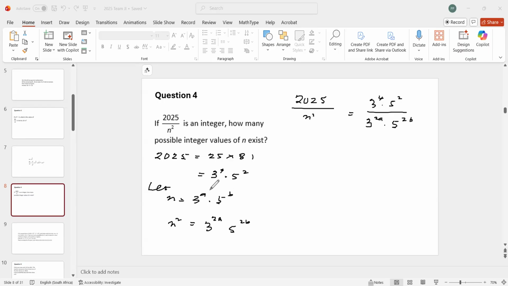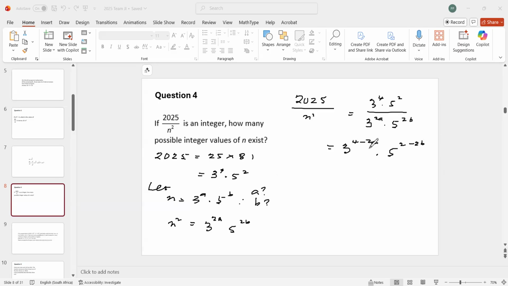So the problem now is, what are the values of a and b? Because we need to find the values of n. We can solve it if we know what a and b are. Now, if you divide, you get 3 to the power of 4 minus 2a. You subtract indices, and this is 5 to the power of 2 minus 2b.